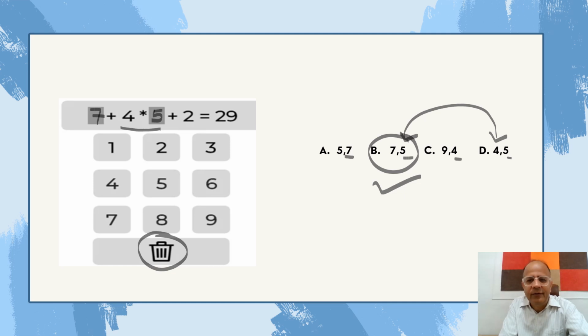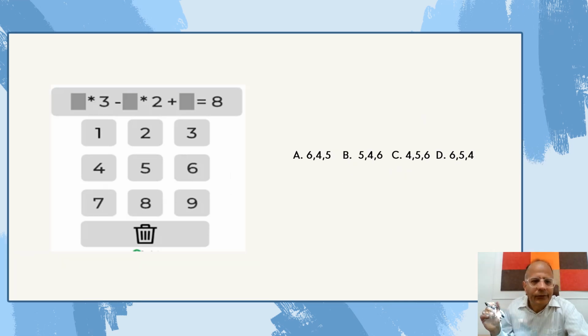I believe the second is going to be slightly more difficult. Let's have a look at this. Something is getting multiplied with 3, that's fine. Now I will be focused more on this: there is a negative sign over here, and this negative number is getting multiplied with 2.